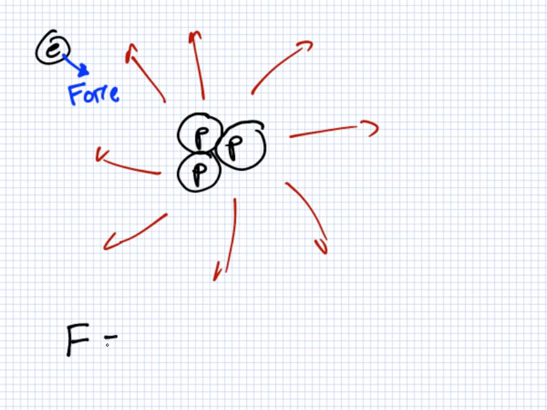What did you get, Monica? Let's have a look. So my formula for F is QE. Now, which Q is this? Is it the 1 electron or the 3 protons?